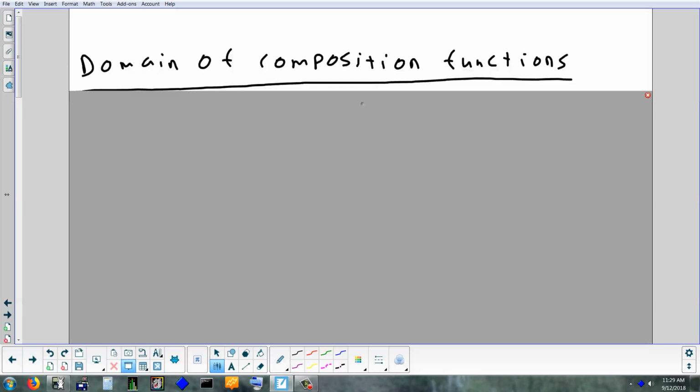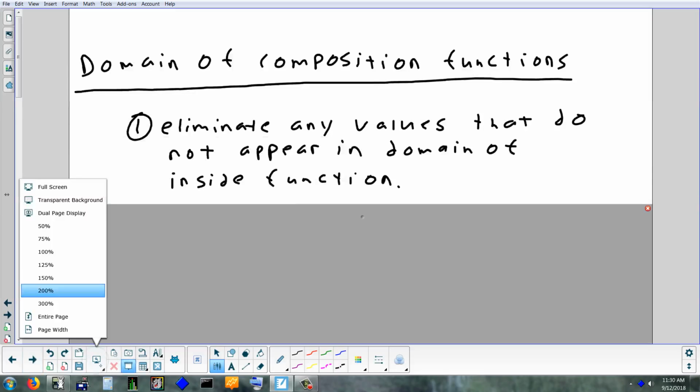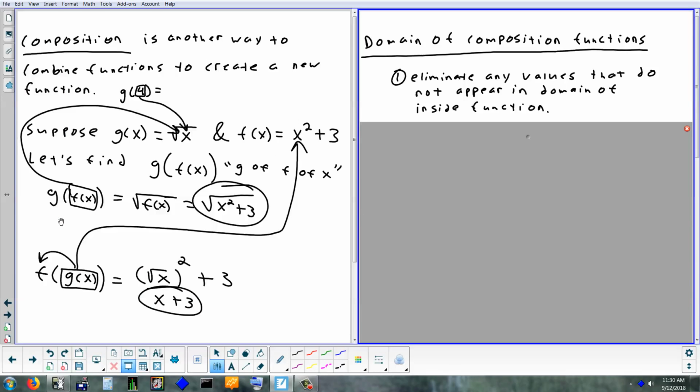Okay, so to find the domain, you shouldn't need a graphic calculator. There's two things you have to do. The first step is look at the inside function. And I ask myself, looking at the inside function, are there any values that I need to eliminate? What I mean by inside function is this one.